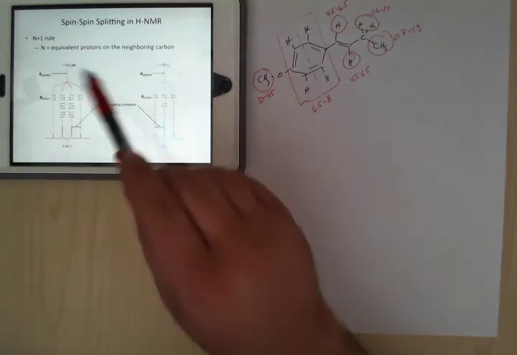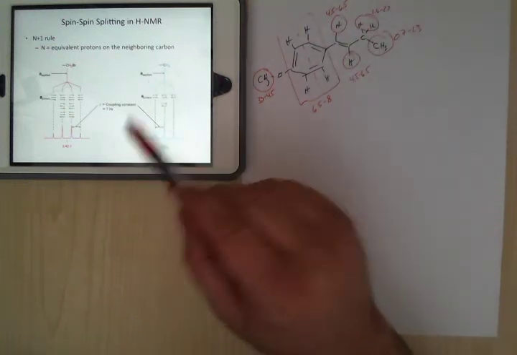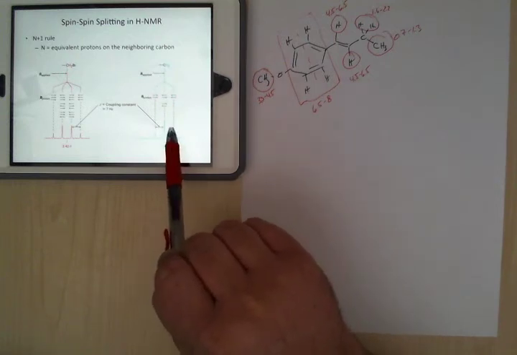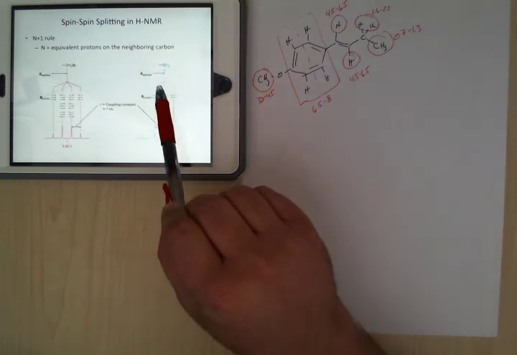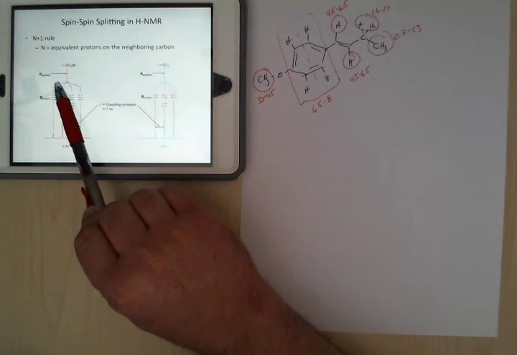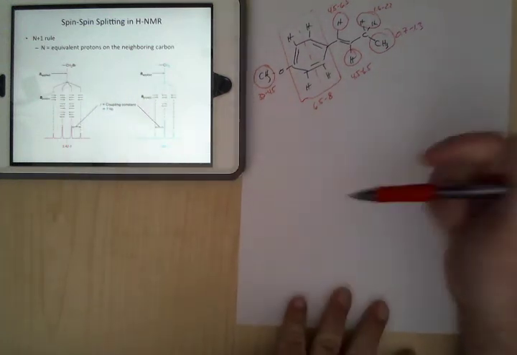That means n+1 equals 4, so the neighbor has 3 hydrogens on it. This one here is going to split into 3 signals, so n+1 is equal to 3, which means the neighbor has 2.